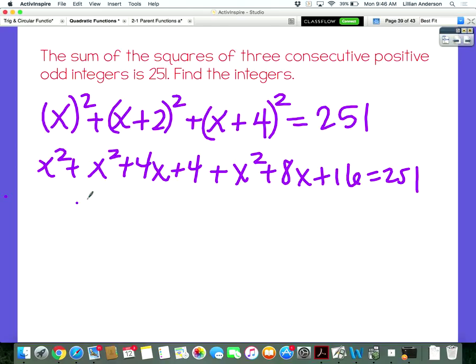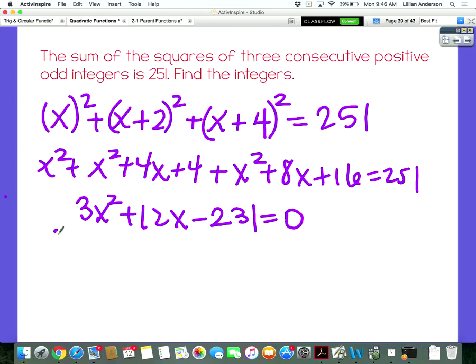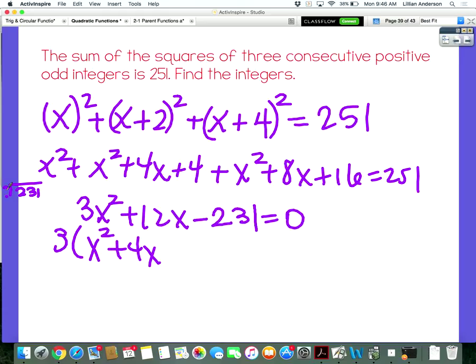Combining your like terms, you would have 3x squared plus 12x, subtract the 251 over, and you would have had a minus 230. Okay? 3 was factorable out of all of these. 231 divided by 3 is 77.